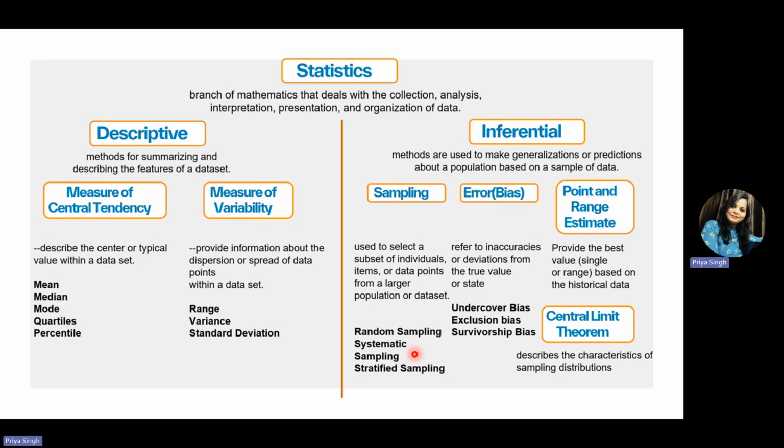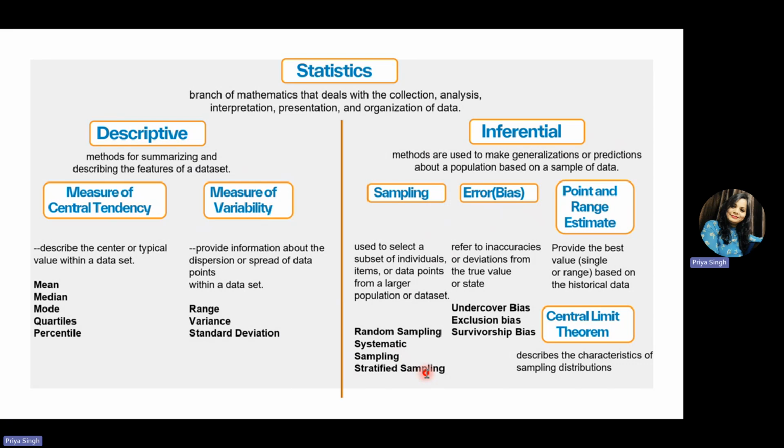The last one is stratified sampling. Sometimes we need to divide our population into different groups or categories. These are also called strata. And then sample from each group proportionally. So you have the population, you divide into different groups or categories, which are also called strata, and then sample from each group proportionally.